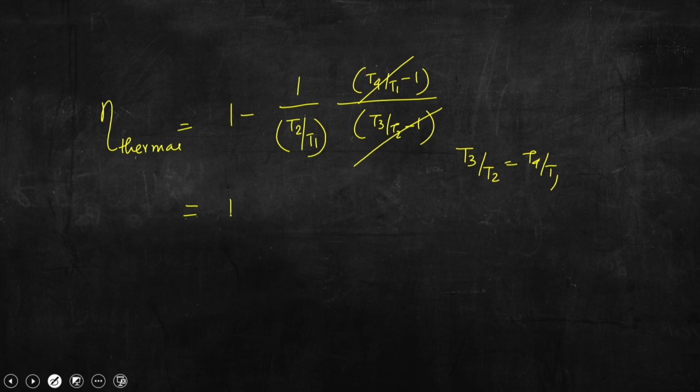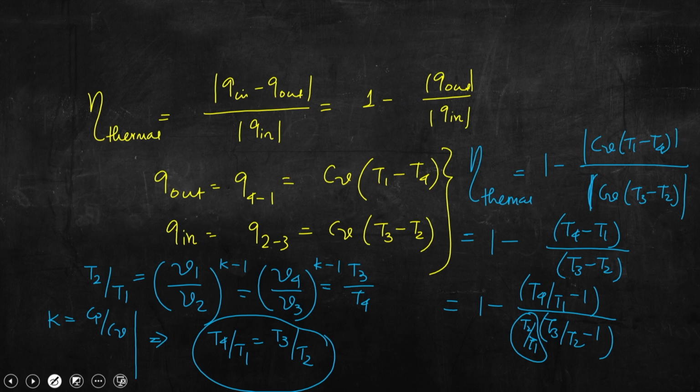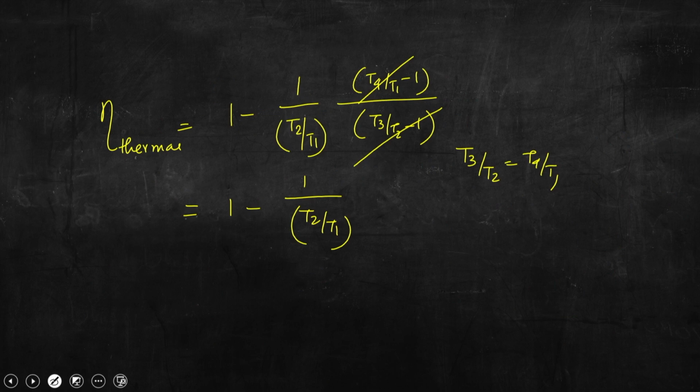So, we are left with 1 minus 1 upon T2 by T1, and what is T2 by T1? T2 by T1 is equal to V1 upon V2 power k minus 1. So, that is equal to 1 minus 1 upon V1 by V2 power k minus 1.